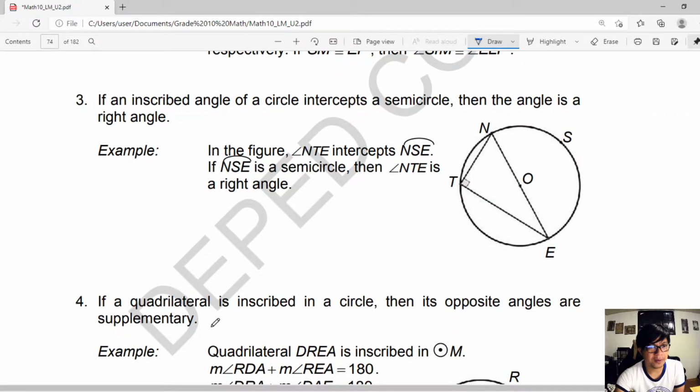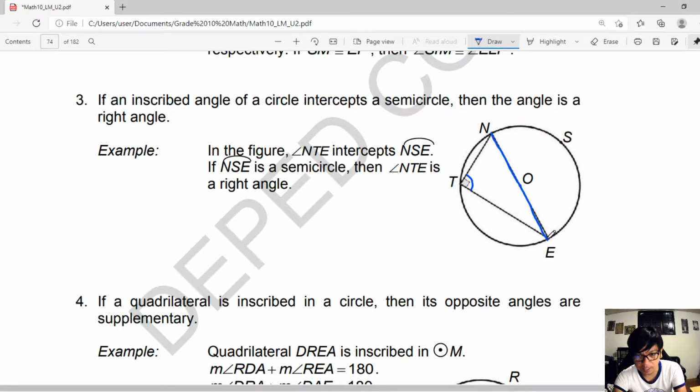Okay, theorem number 3. If an inscribed angle of a circle intercepts a semicircle, then the angle is a right angle. This one is a semicircle. This is an inscribed angle and it intercepts a semicircle kasi nahati man siya sa gitna.